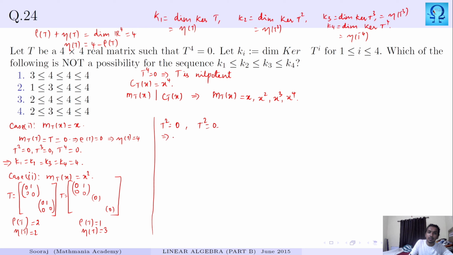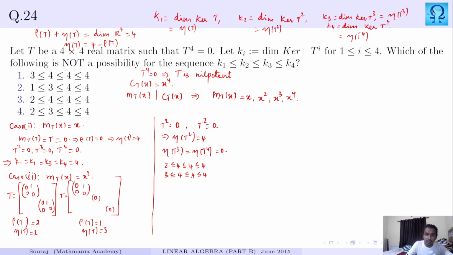So which means in both the cases the nullity of T square is 4, since the rank is 0. So if the nullity of T square is 4, then automatically the nullity of T cube and the nullity of T to the power 4 are also 4. Here what are the sequences that you are getting? 2, 4, 4, 4. This is one possibility, and the other one is 3, 4, 4, 4.